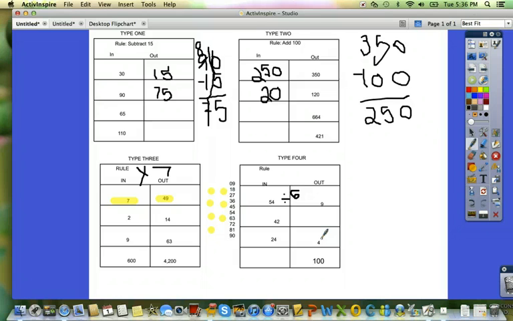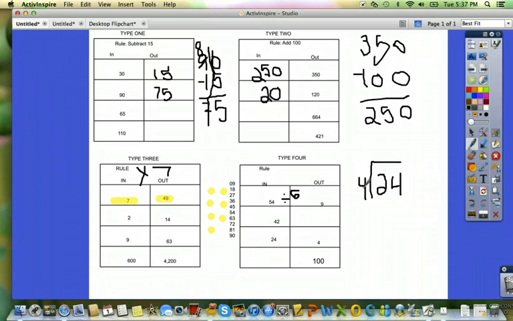This one looks a little trickier. 24 and 4. Okay, well, I'm going to check to see if my divided by 6 will work, because if it does, then I'm going to give it a shot with my other two. So 24 divided by 4. And here's another way to look at this.